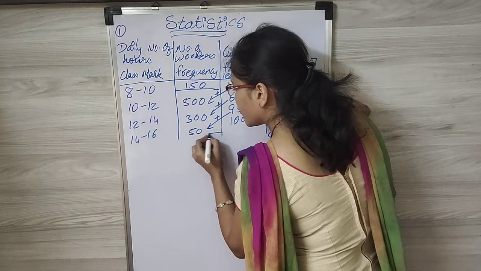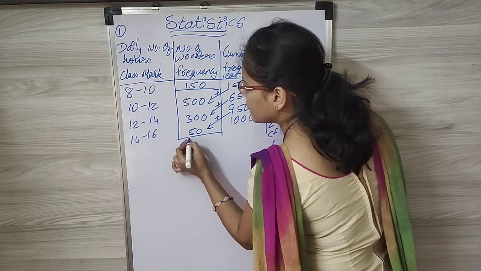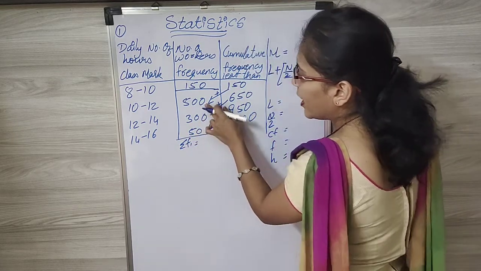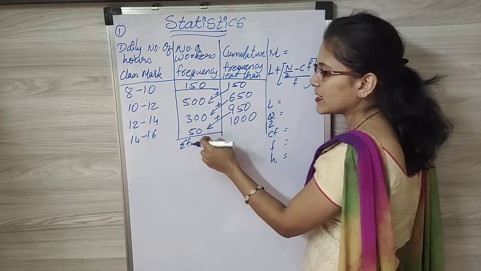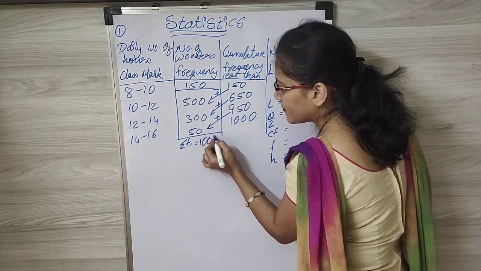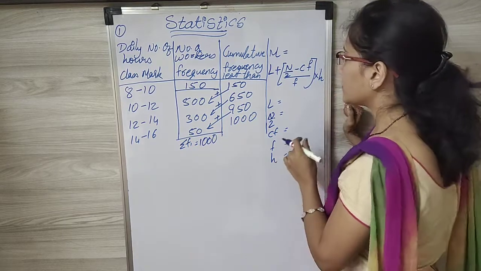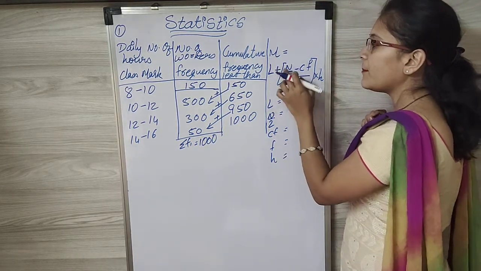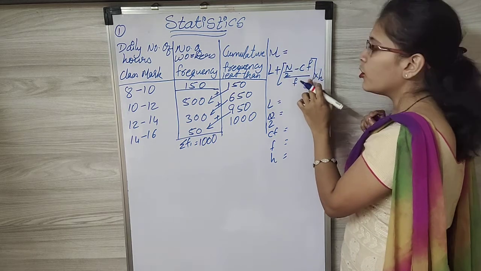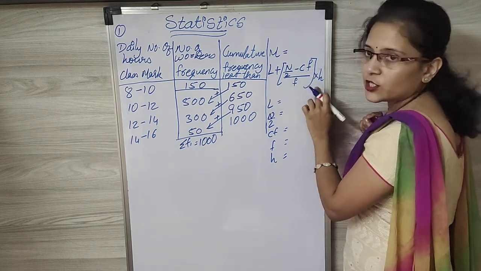And what is the sum of this, sigma fi? Sigma fi is 150 plus 500 is 650, plus 300 is 950, plus 50 is 1000. Now see here, what is our formula for median? M = L + ((N/2 − CF) / F) × H. Now what is L?